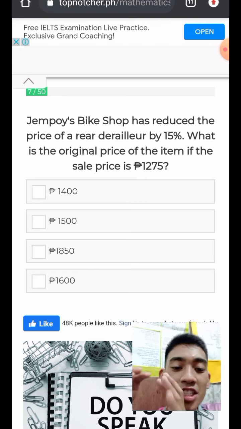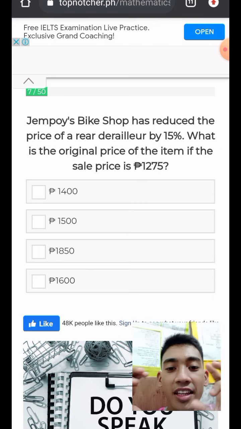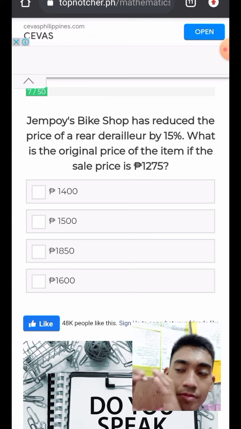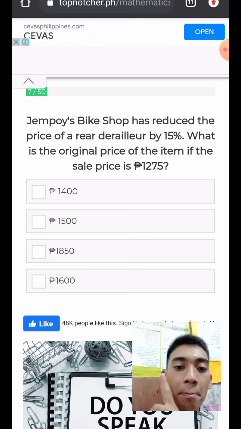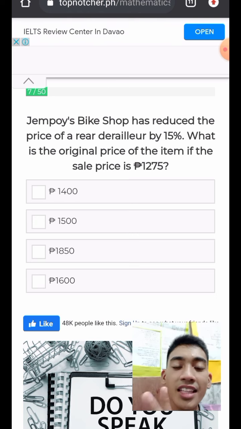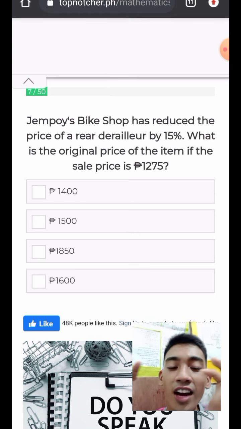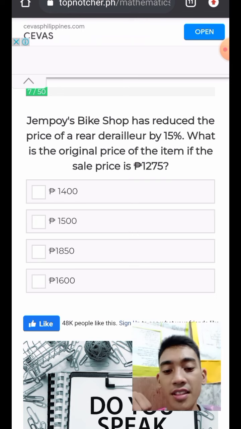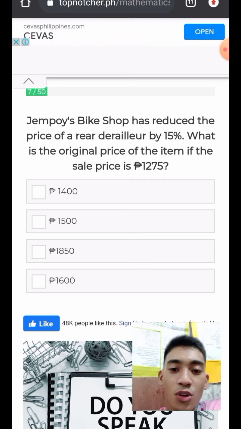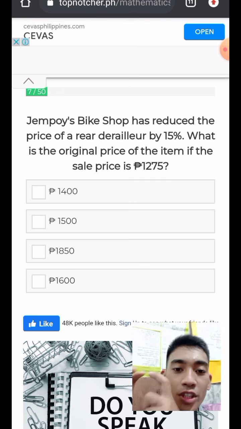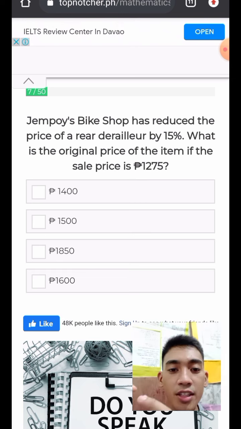Again, original price, multiply it with 15%, and then subtract the value of that 15%.